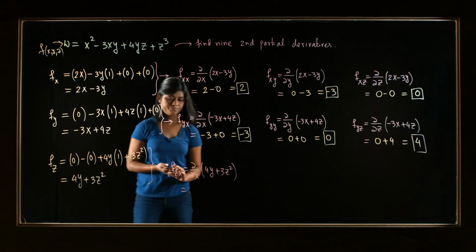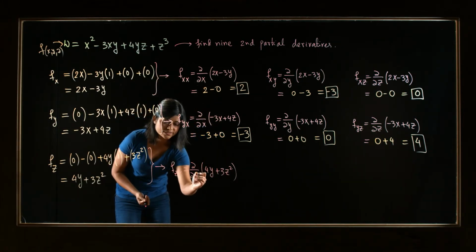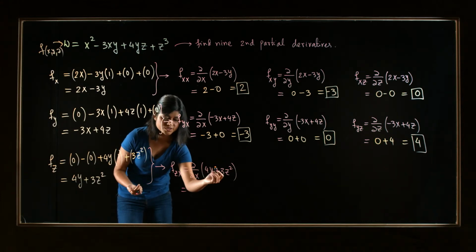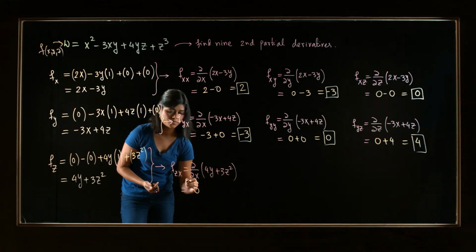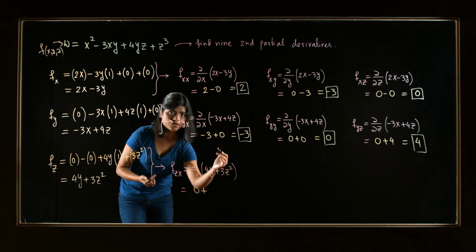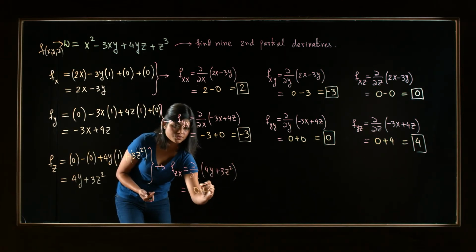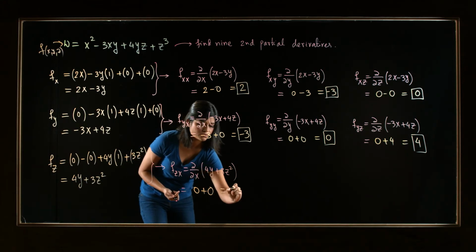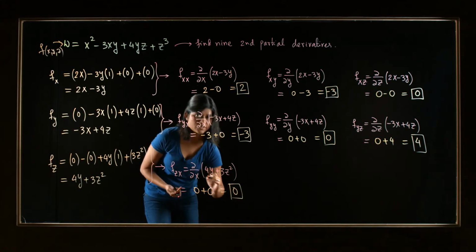Again, with respect to x, 4y is a constant, derivative is 0. Now, with respect to x, 3z square is a constant, derivative is 0. So this value is 0.